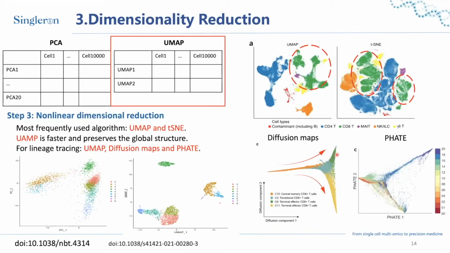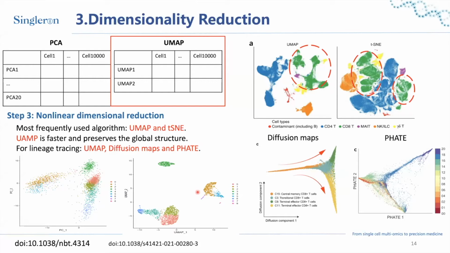So after PCA, what we do is the secondary nonlinear dimensionality reduction. The most frequently used algorithms are UMAP and t-SNE. Here we can see that the PCA result is not good enough, but in the UMAP 2D space, the cells are well located.